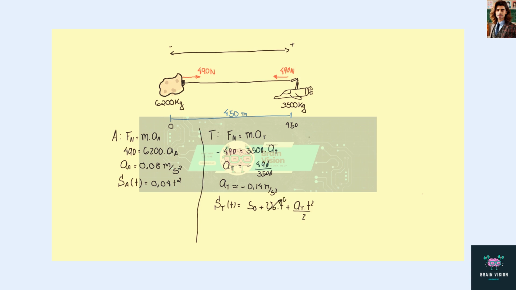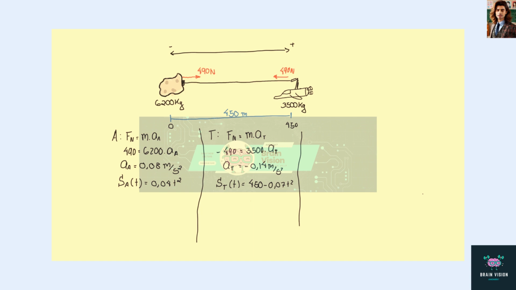Then, the position of the tug as a function of time is equal to 450 minus, because the acceleration is negative, 0.14 t squared divided by 2. And we can solve the second fraction to get the following. 450 minus 0.07 t squared. Now let me organize the board again.